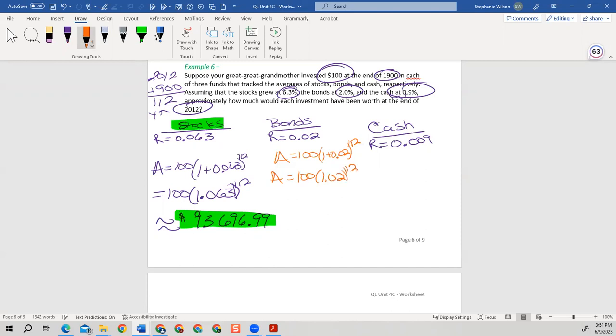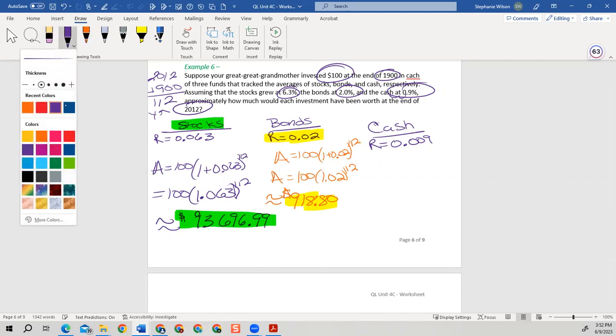And that gives me, whoops. I'll put the dollar sign on. Just put the dollar sign on. That matters because it's money.